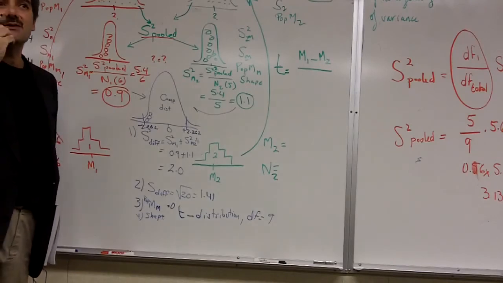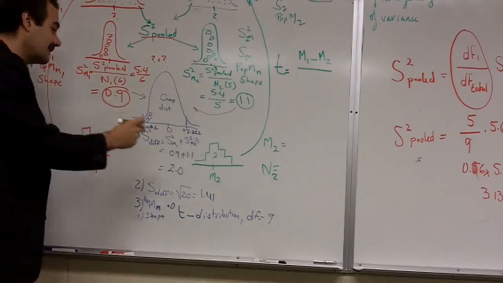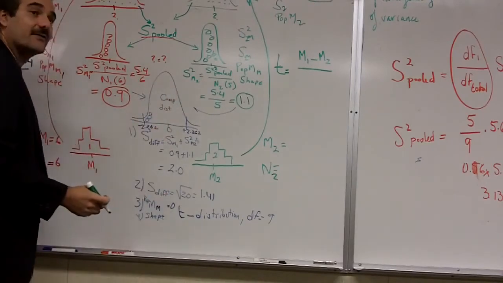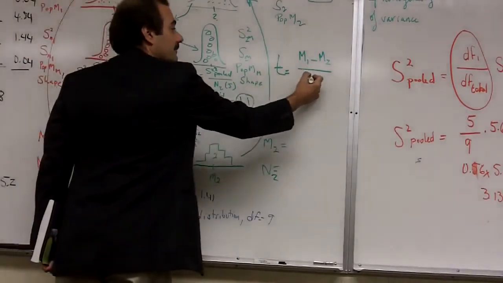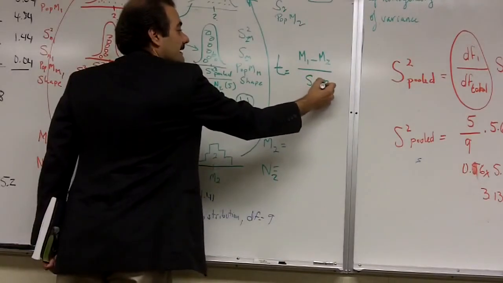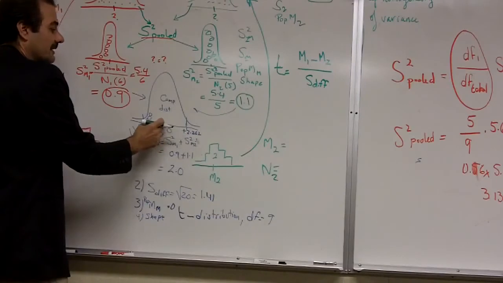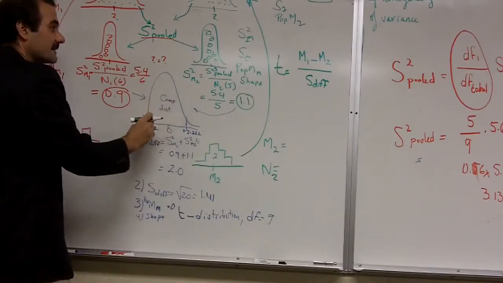What yardstick are we using? Exactly. We're using the yardstick of the comparison distribution, which is SDiff, divided by SDiff. Is the difference really significantly different from 0 using the yardstick of this comparison distribution?